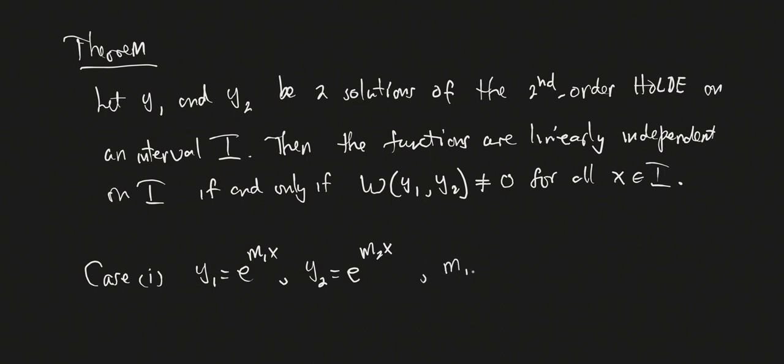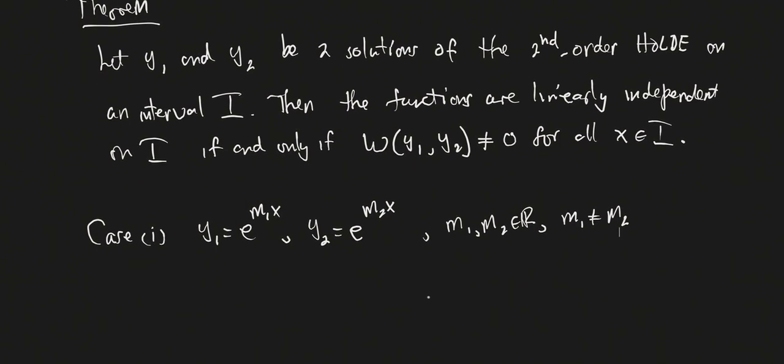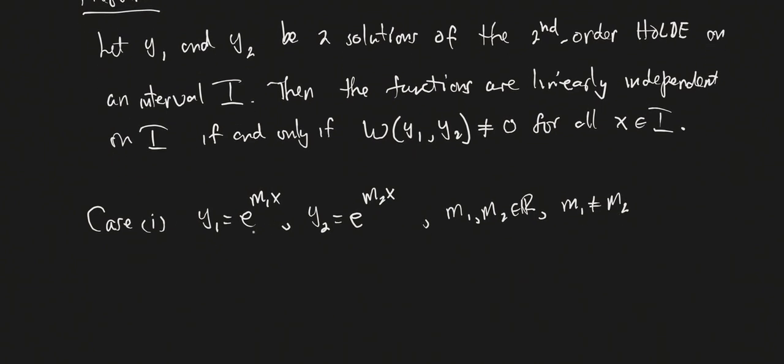So m1 and m2 are real numbers, but they're different, so they're not the same. Now let's compute the Wronskian for these two. y1 prime is m1 e to the m1x, and y2 prime is m2 e to the m2x.